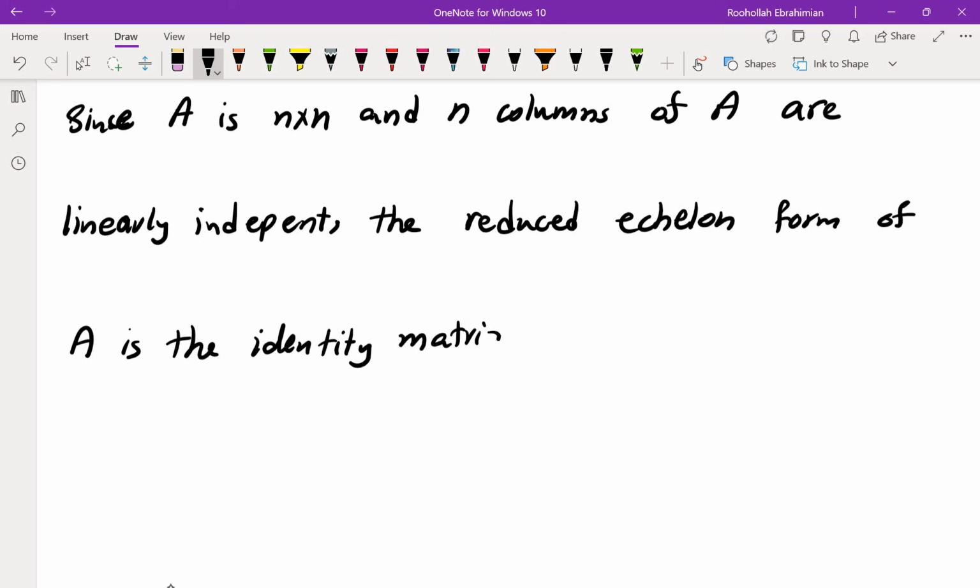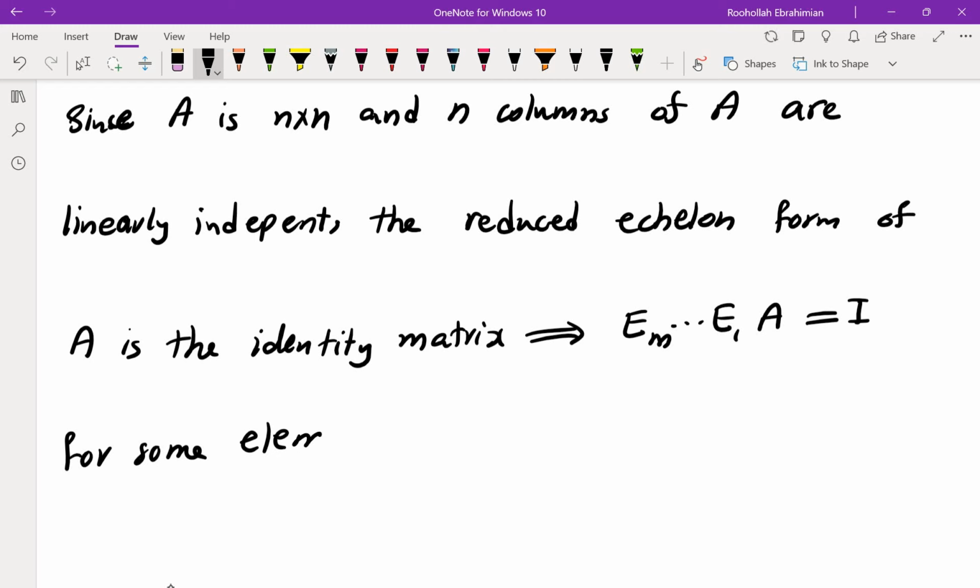But what does that mean? It means that for some elementary matrices E1 through Em, when they are multiplied by A, we get identity.